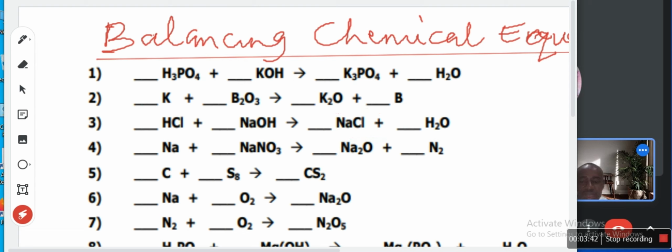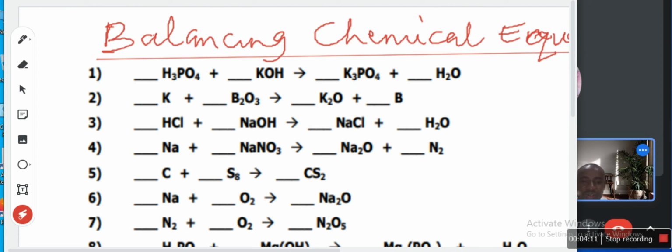So give me the compounds on the reactant side. You can mention their names or just use letters. Hydrochloric acid, good, plus NaOH, which is sodium hydroxide.